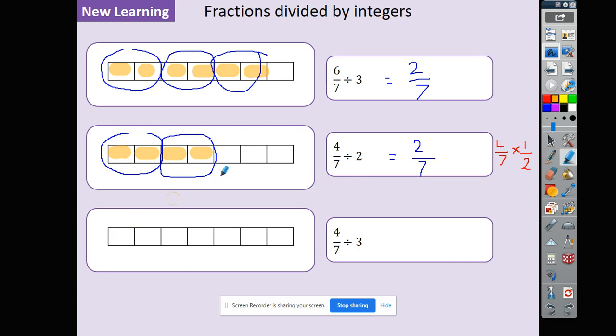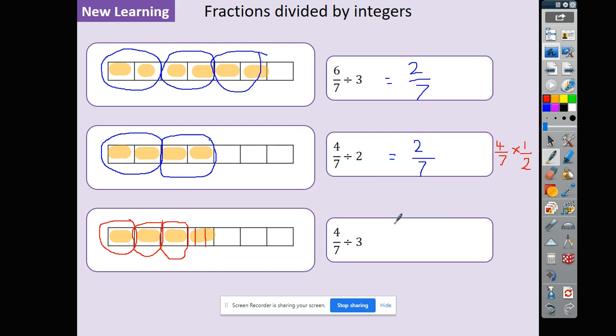So let's start by highlighting 1, 2, 3, 4. Okay, so now if I was going to split that into 3 equal groups, I could definitely say, well, 1, 2, 3. So I've got 1 in each group, but then this one I'd have to split into 3 parts. So 1, 2, 3. Now you can see where this is getting a little bit more complicated.